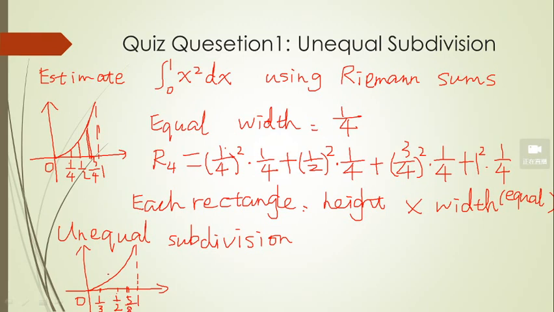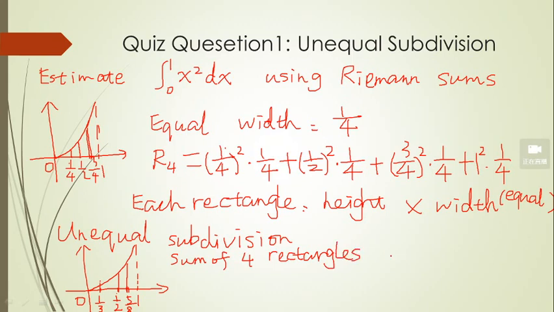So now this is unequal subdivision, we call it, but we can still form some rectangles here, and here, right? So what is the area? The sum of 4 rectangle areas. We can still form 4 rectangles, but their weights are different.